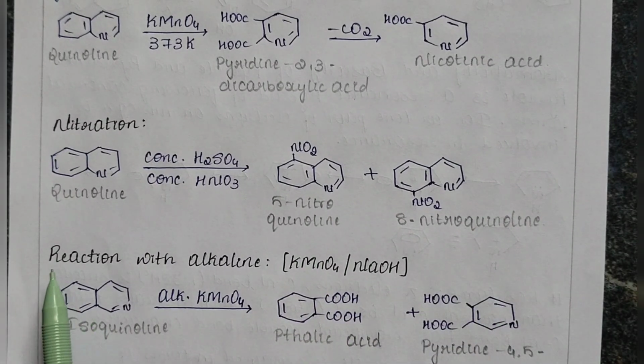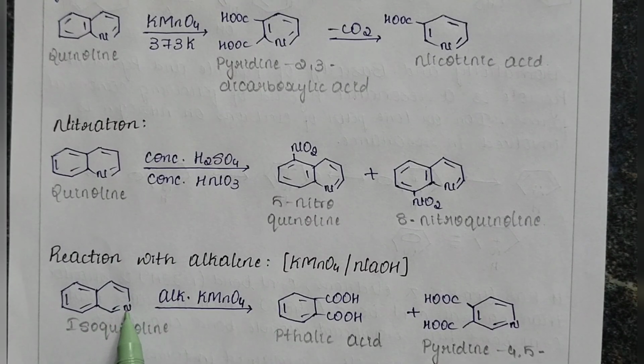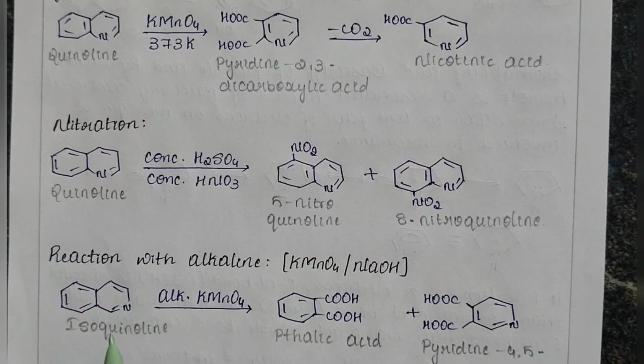The next one is reaction with alkaline KMnO4 or sodium hydroxide. Since we know that KMnO4 is a very good oxidizing agent, this structure is of isoquinoline, which is nothing but similar. So the position of nitrogen has changed, but the functioning and properties are similar to that of quinoline.